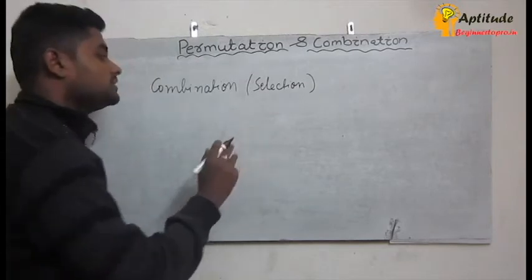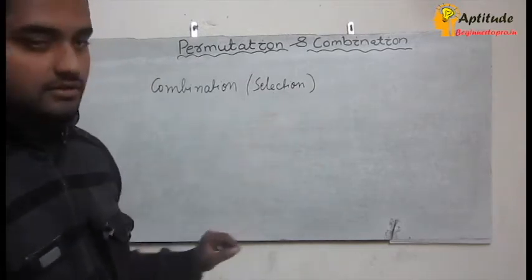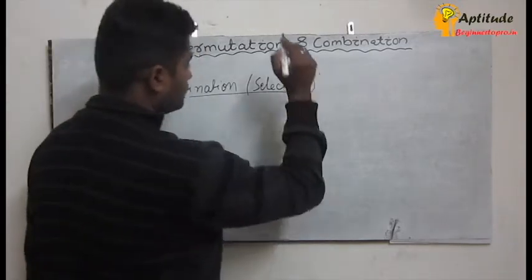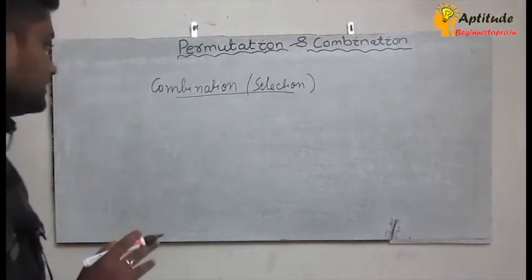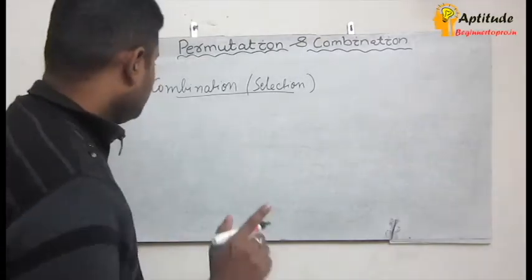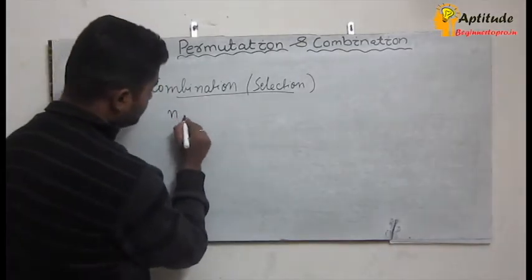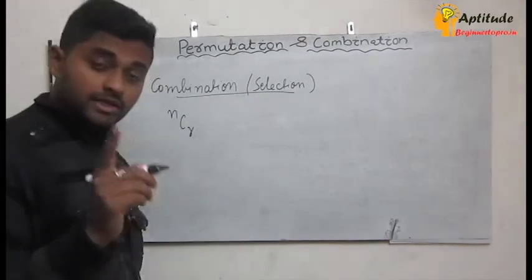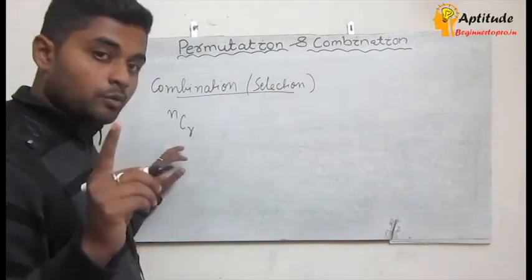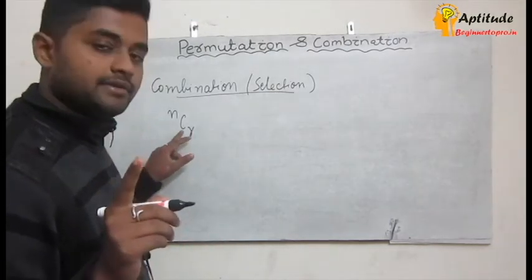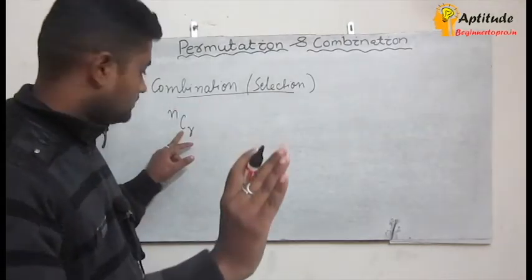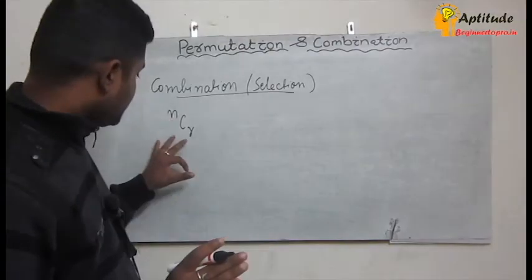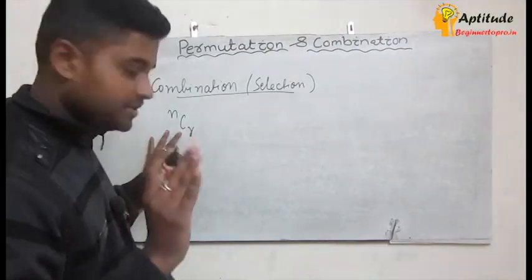Okay, so the other name of combination is selection. In combination also there is one formula, which is nCr. In permutation there was a formula nPr, where P is for permutation, and here nCr is for combinations.